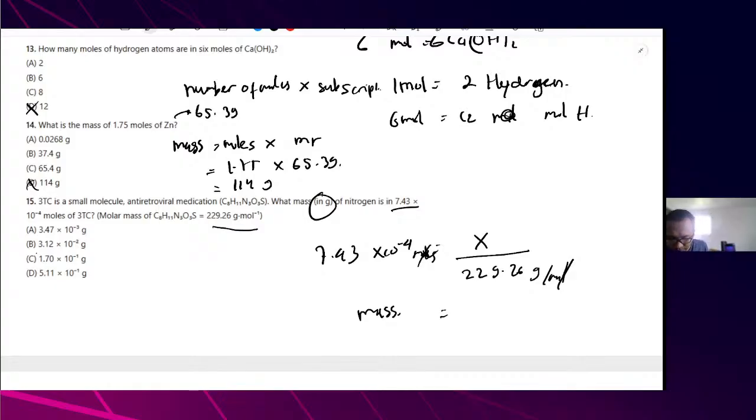Wait. I think I did a miscalculation. 7.43 divided by 9.6.